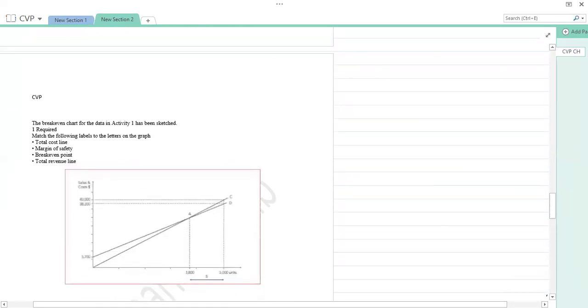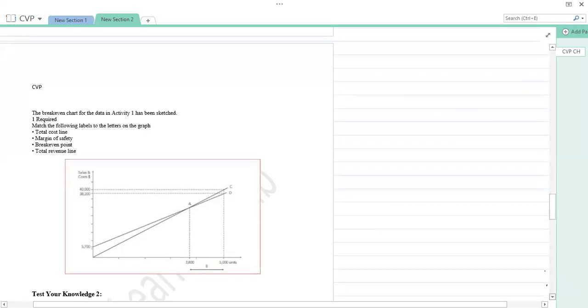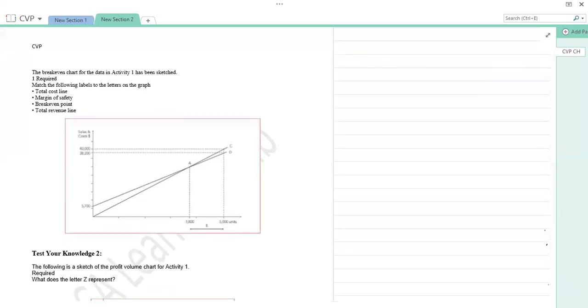Now, we are discussing an example. The break-even chart for the data in activity 1 has been sketched. Required: match the following labels to the letter on the graph: total cost line, margin of safety, break-even point, and total revenue.